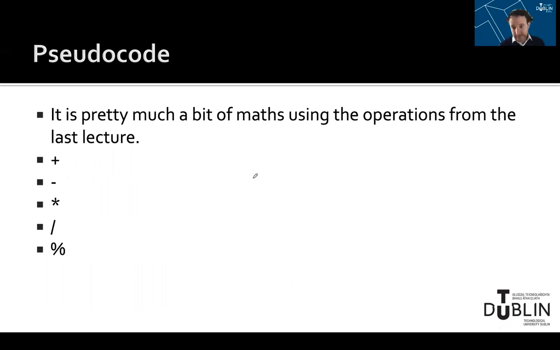It's just like maths, but you write it such that a computer can understand it. So you have addition, subtraction, multiplication, division, and modulus. Now, maybe the modulus might be the newest thing to you, and it's going to come up again and again and again in the future, but it's a nice one.